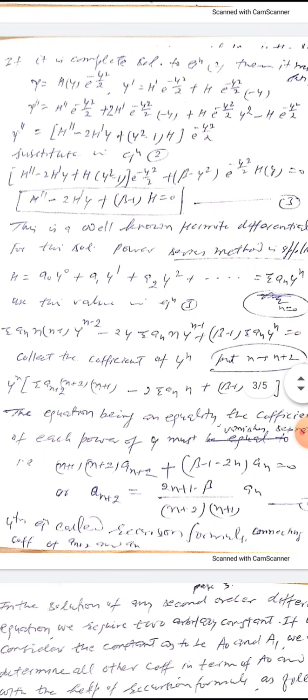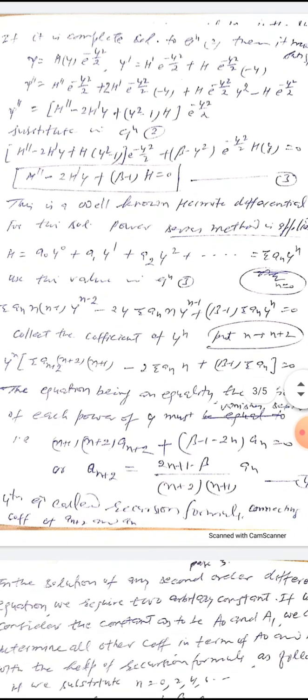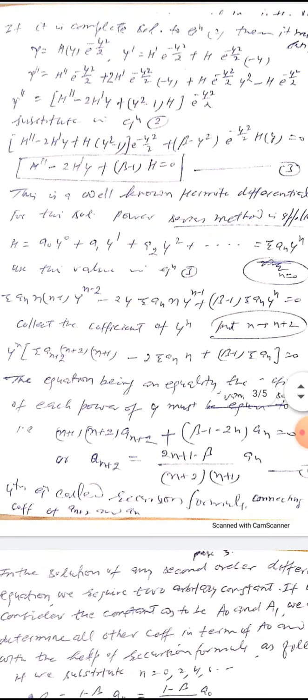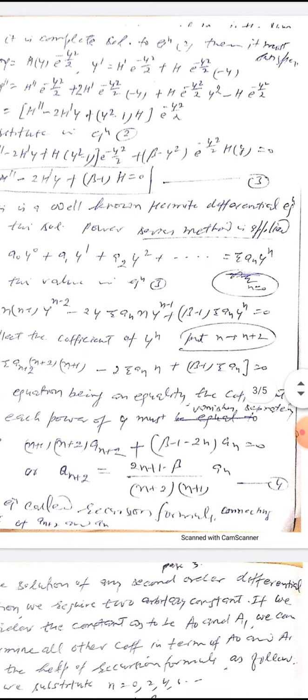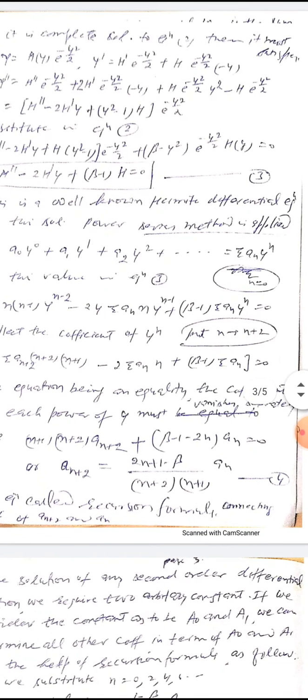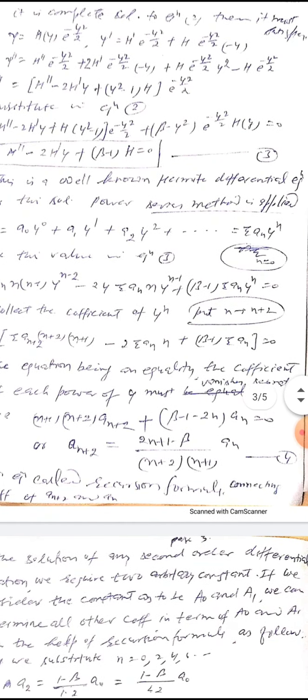This is a very well-known equation, said to be the Hermite differential equation. For its solution, we use the power series method.